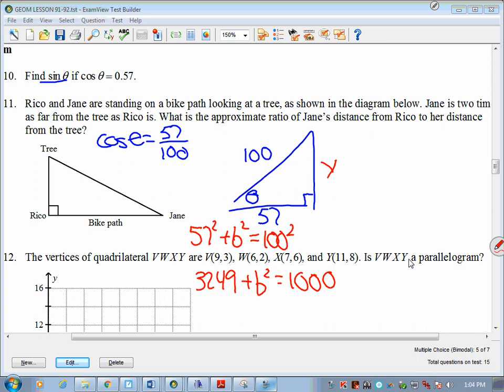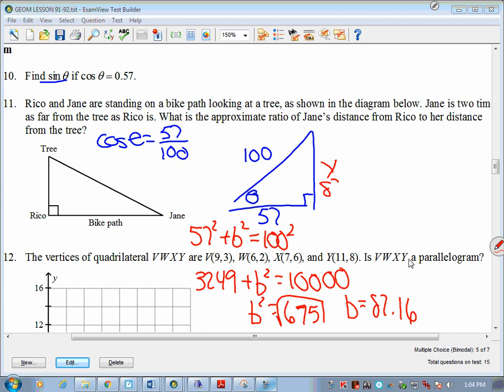Why is 57 squared bigger than 100 squared? Oh, that's right, so I only have 3. Good. All right, so we want to subtract 3,249. So we're getting b squared equals 6,751. Square root that. Square root of 6,751. And so b equals, we'll call it 82.16.